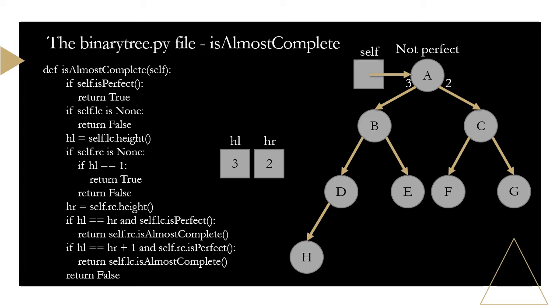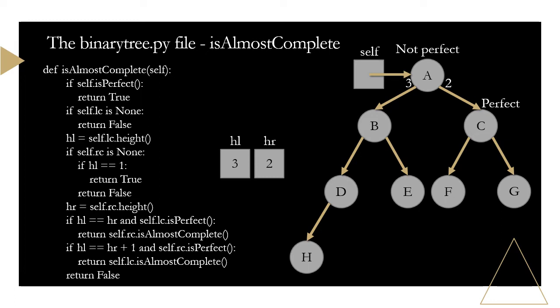Now, is HL equal to HR? No. Is HL equal to HR plus 1? Yes. Is the right subtree of A perfect? Yes, it is perfect. Both conditions of the last if are met.